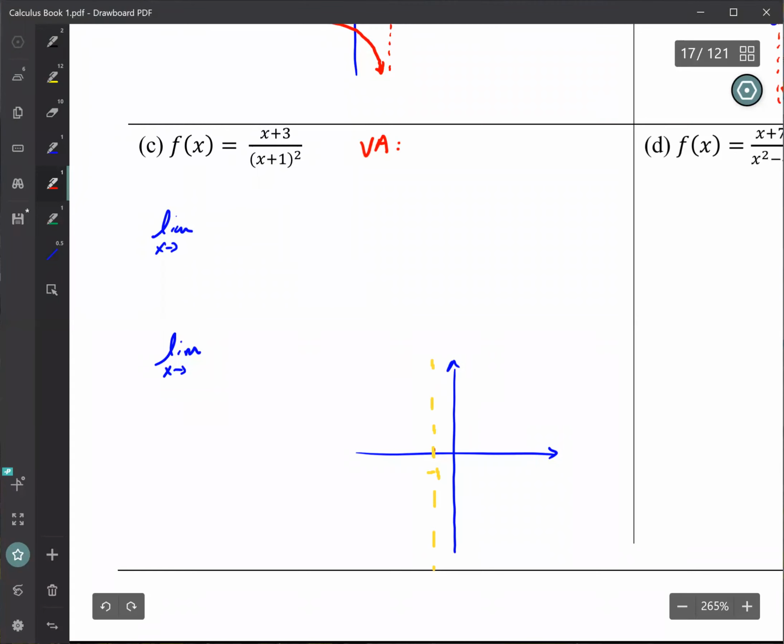Okay. Carrie, Leon, any questions? You guys done? Yep, okay. Leon, can you draw the right side?